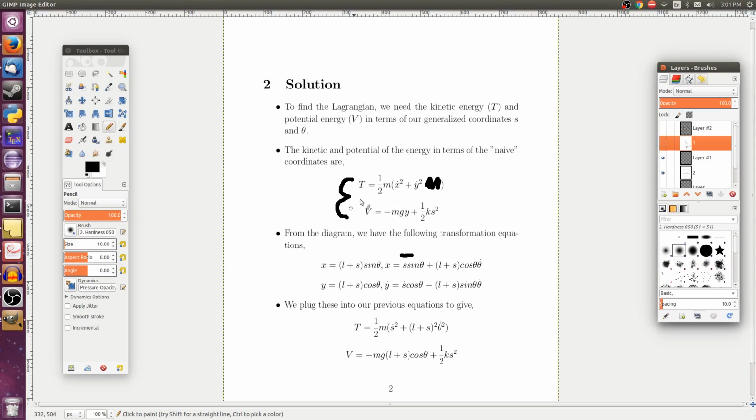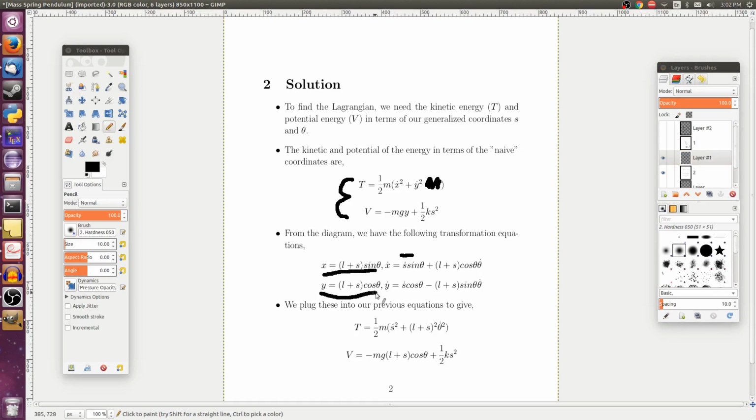So, because our kinetic energy is dependent on x dot and y dot, not only do we need these x and y's, but we're also going to need x dot and y dot. So if you take the time derivative of this equation, you get x dot on the left side, obviously. But then on the right side, you have to use product and chain rule.